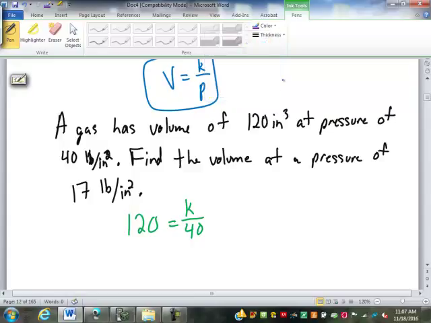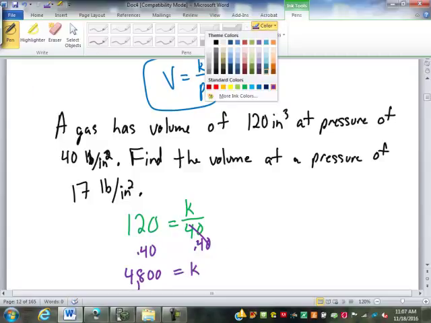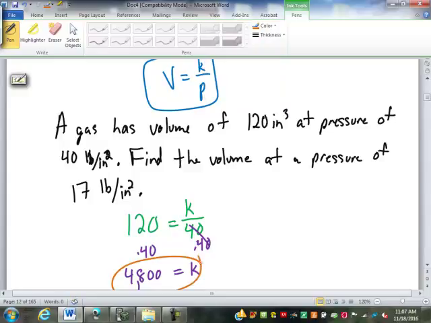Now we can use that to find K. If I multiply by 40 here to get K by itself, 120 times 40 is 4,800 equals K. So that's telling us that the formula is really the volume for this gas is 4,800 divided by the pressure.